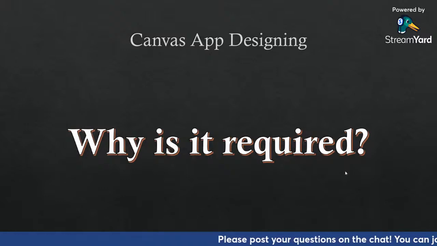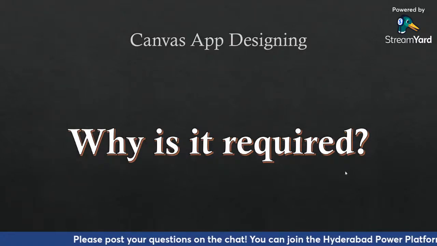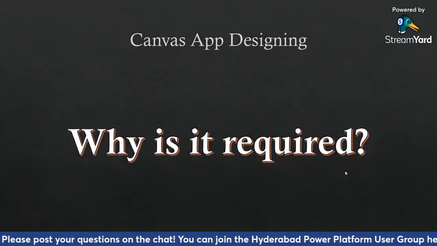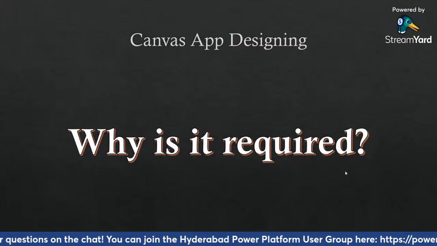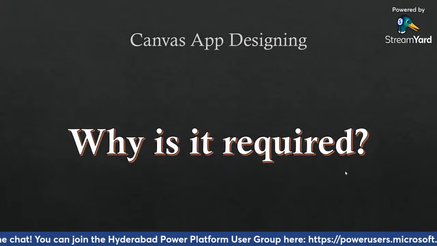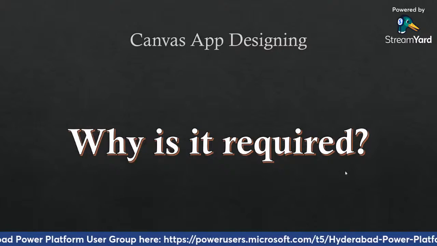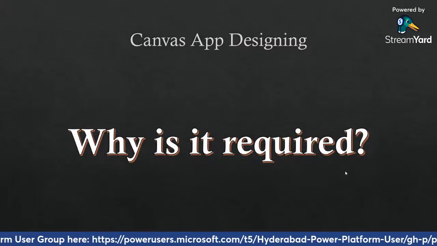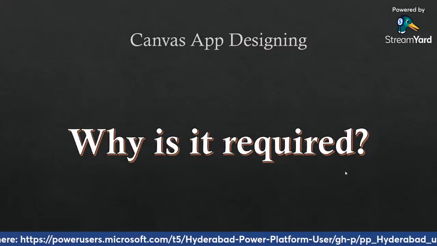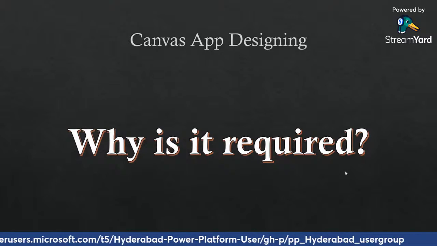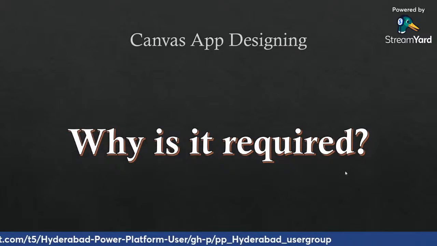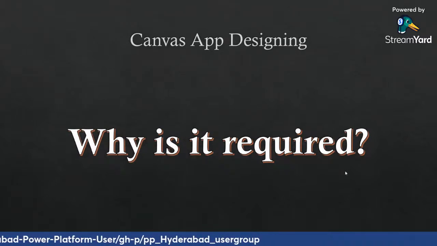And right now, what I am trying to convey is, because we are controlling the design, it is very important that it is intuitive for our users. And as a developer, there are a couple of ways to build your Canvas app in a way where it is intuitive and very useful for your users.